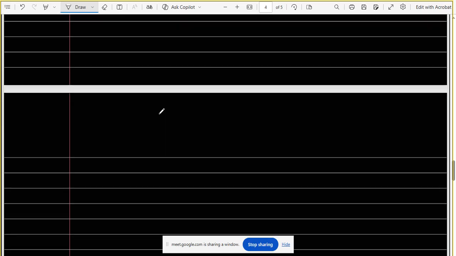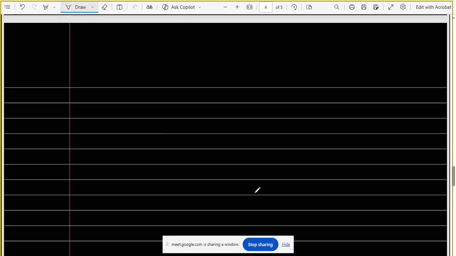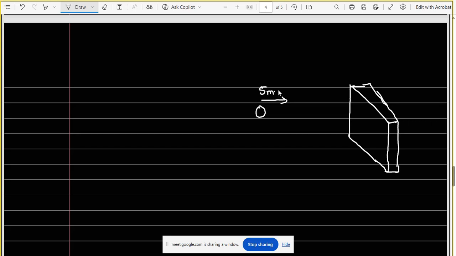While we are still on the change in momentum, I just want to quickly give you an example. Let's say I have a wall like this. We're going to have a tennis ball move in that direction with a velocity of 5 meters per second.